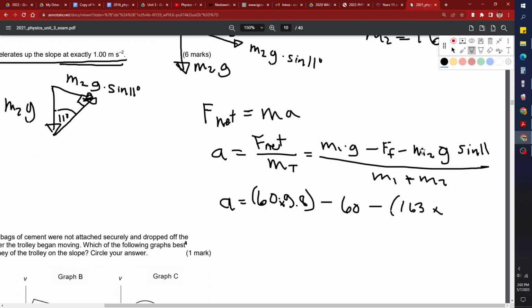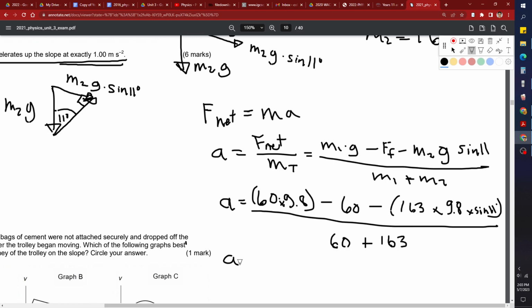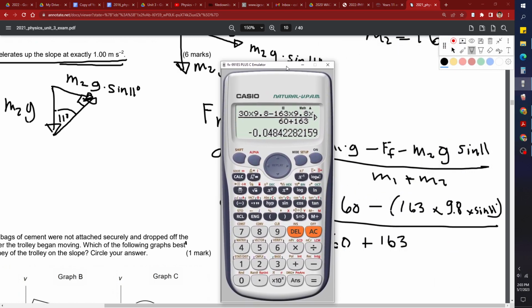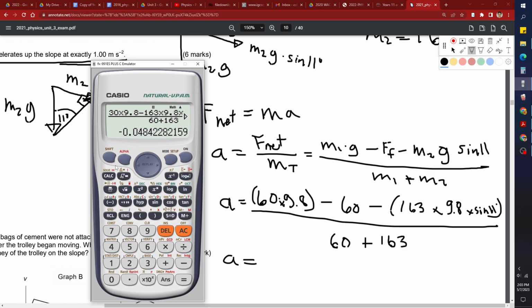So we're going to just follow this that we came up with, 9.8, and that's going to be sine 11 degrees. Okay, and then that's all divided by the first mass, which is 60, plus the second mass, which is 163. Okay, and you'll find that comes out to about 1. So let's double check, put it in our calculator. Okay, so all that, you can just see it's going to be 1 fraction.